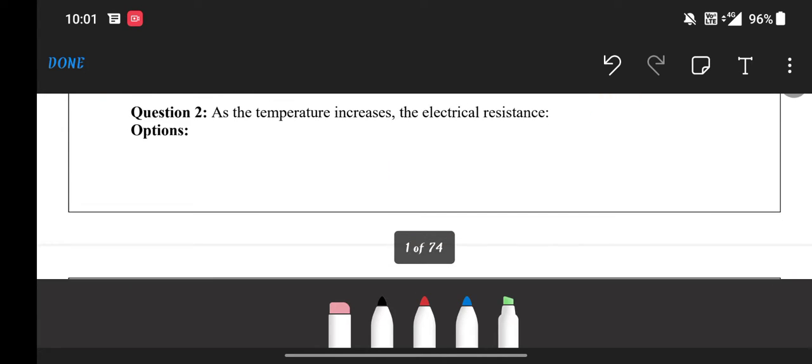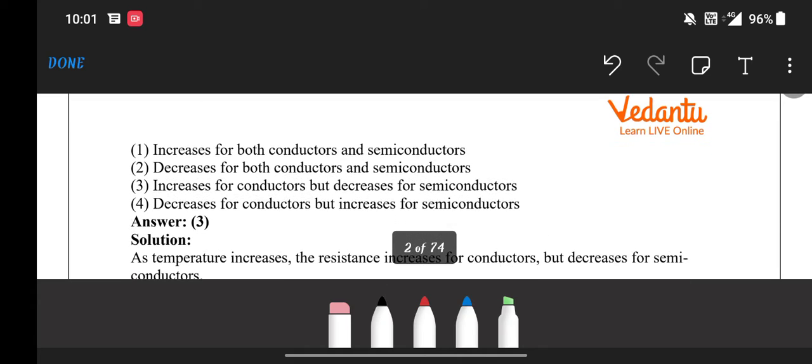Here they have asked, as the temperature increases, what happens to the electrical resistance. Options they have given: will it increase for both conductor and semiconductor, will it decrease for both, will it increase for conductor but decrease for semiconductor, or will it decrease for conductor but increase for semiconductor.